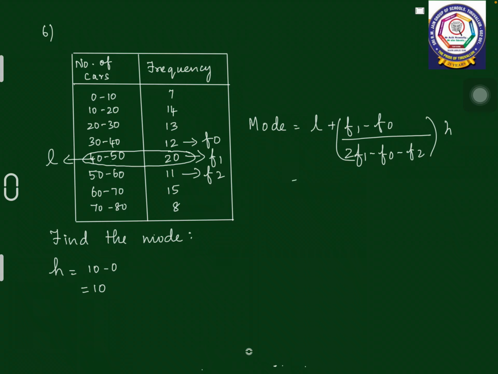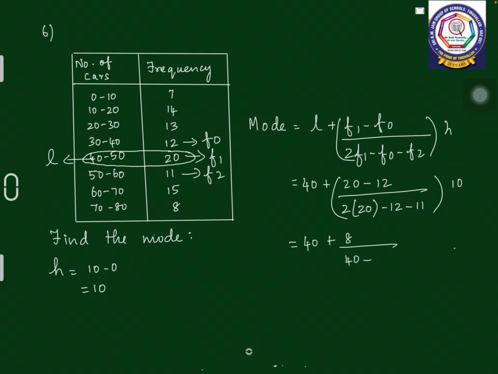What is L here? 40 plus, F1 is 20 minus F0, which is 12, by 2 into 20 minus 12 minus 11, into H, which is 10. So 40 plus (20 minus 12, which is 8) by (40 minus 23) into 10.